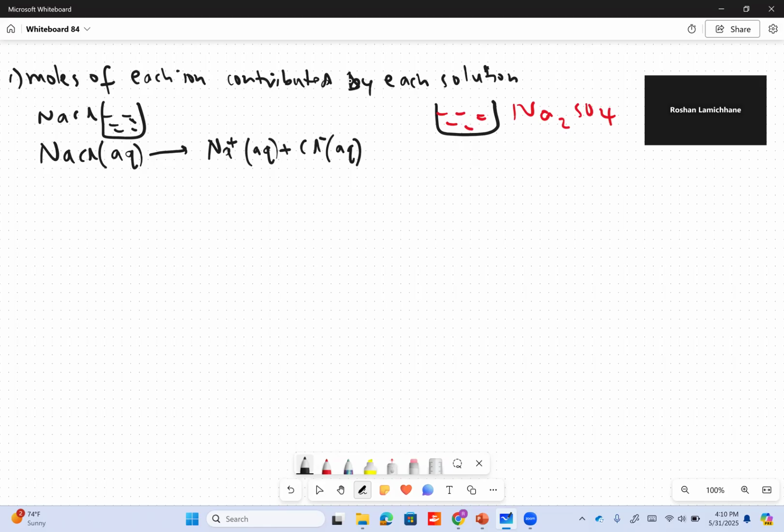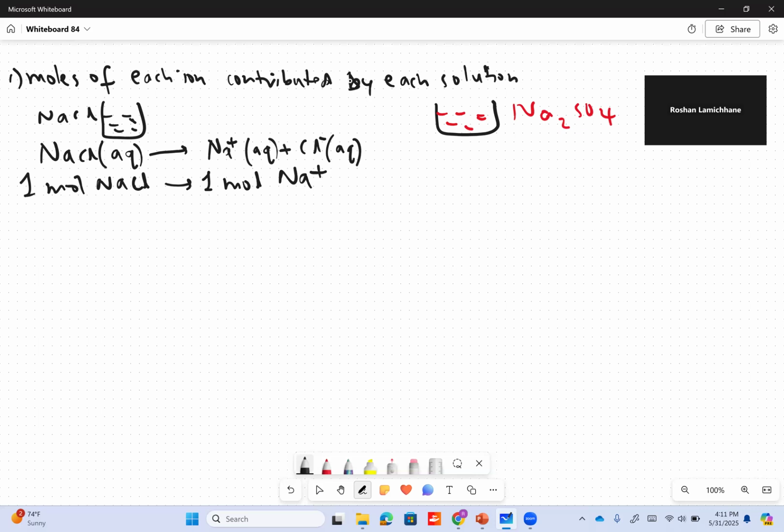On my product side, plus and minus cancel out to give me 0. But what is this telling me? If you think about it stoichiometrically, 1 mole NaCl yields 1 mole Na+, isn't it?